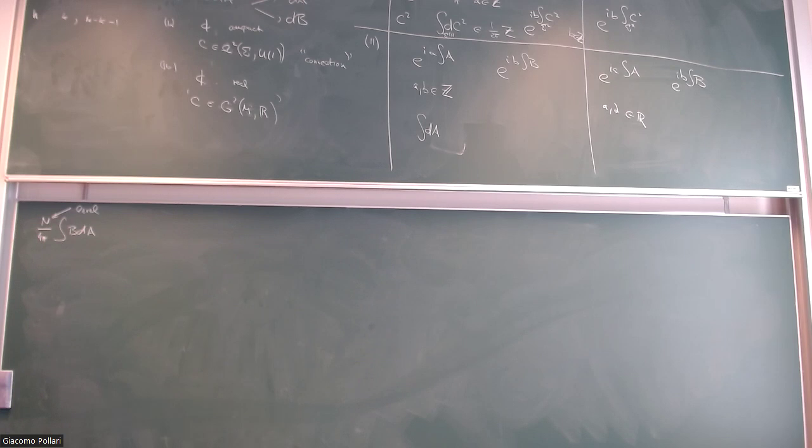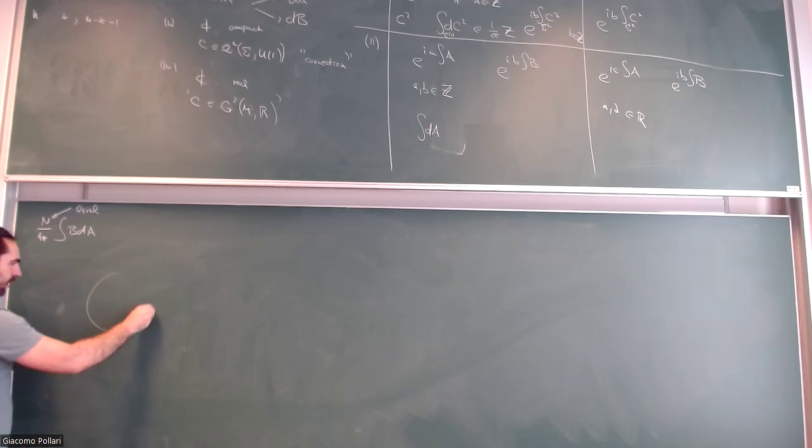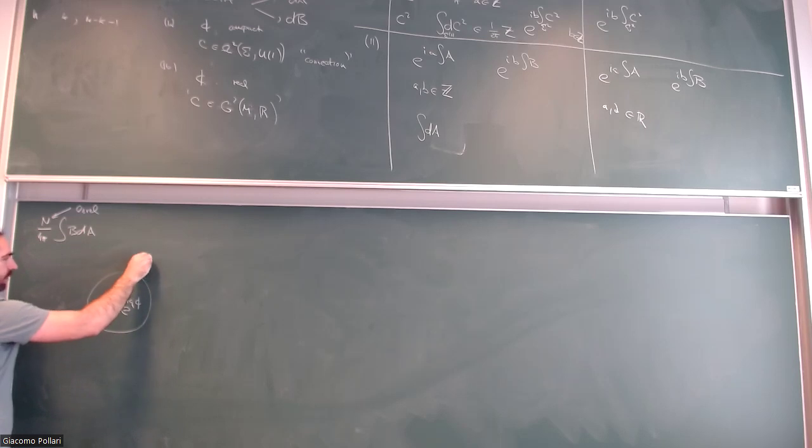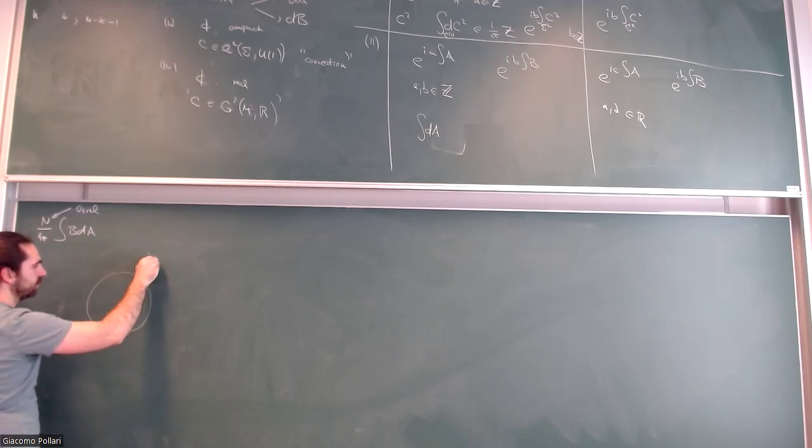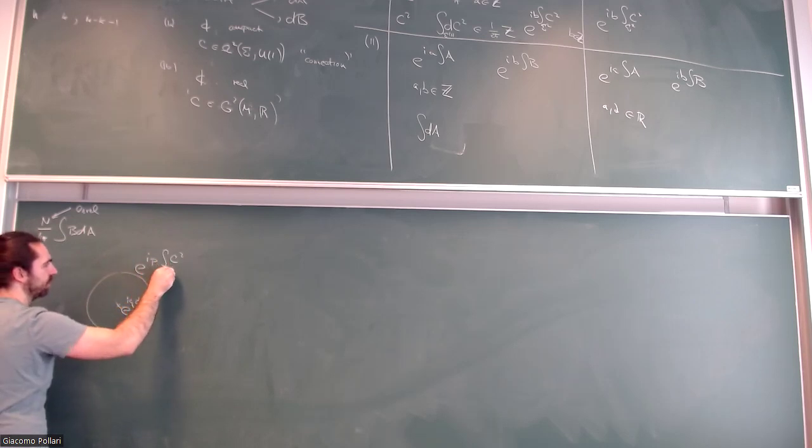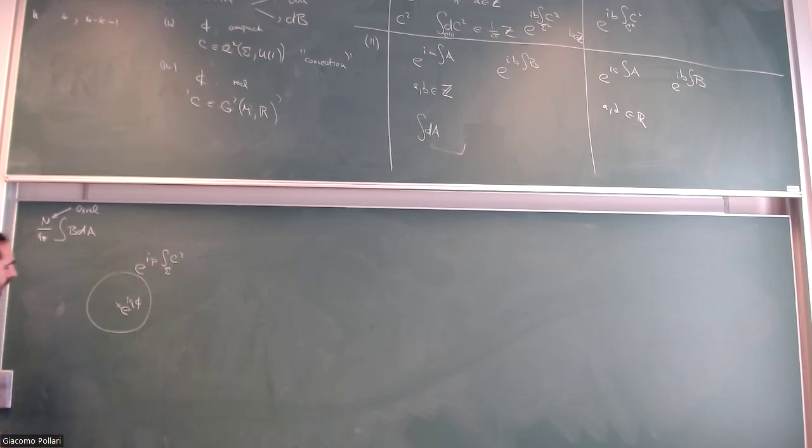So now the compact case. Let's take this two-form, zero-form case and look at what happens if I have e to the i q phi and e to the i p times the surface operator.